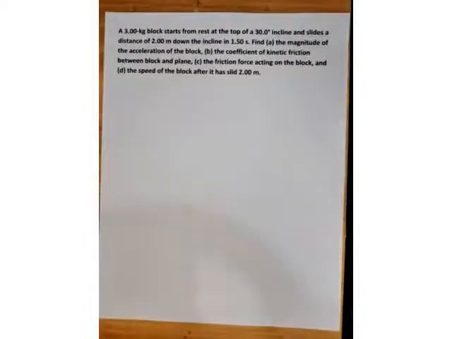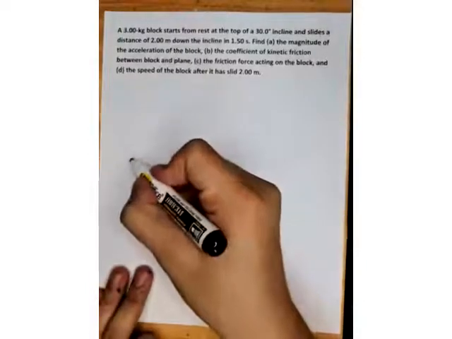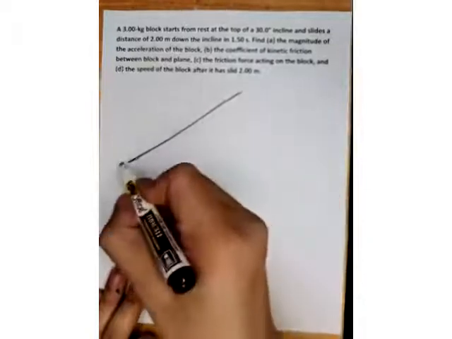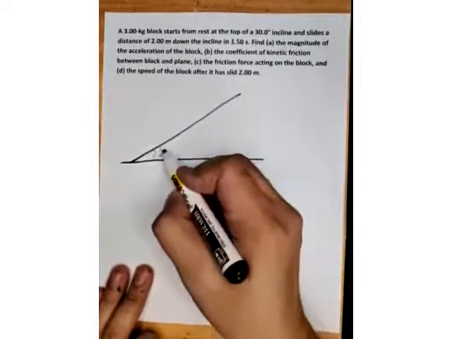Ayan. Okay. So a 3-kilogram block starts from rest at the top of a 30-degree incline and slides a distance of 2 meters down the incline in 1.5 seconds. Okay, so let's try to draw that figure first. So let's say that this is the inclined plane.